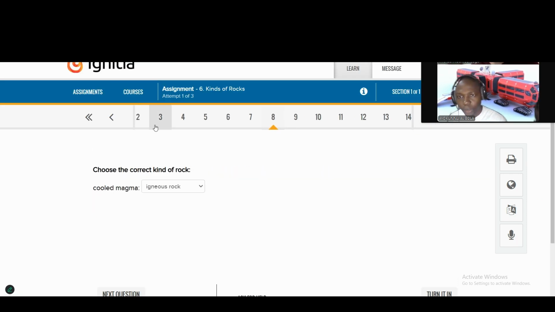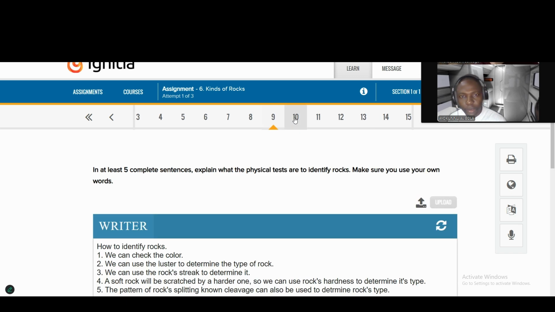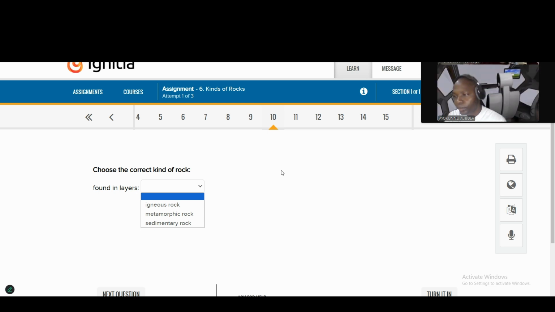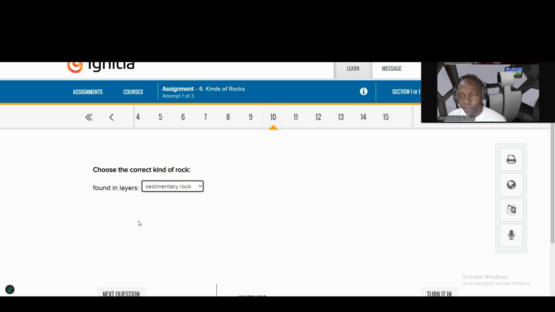Okay, so anyway, that was the question there. Found in layers, that's sedimentary rock.